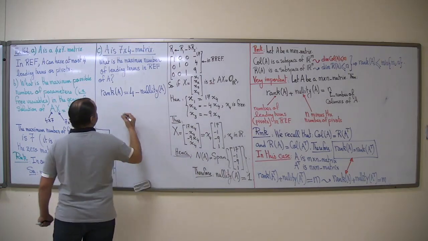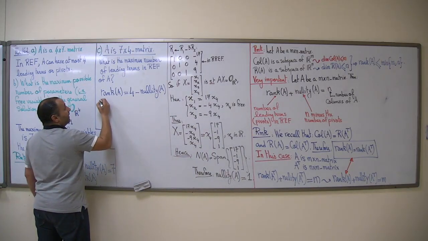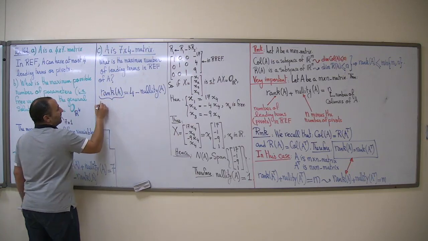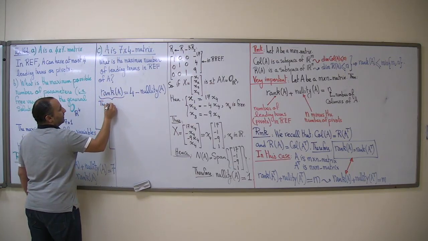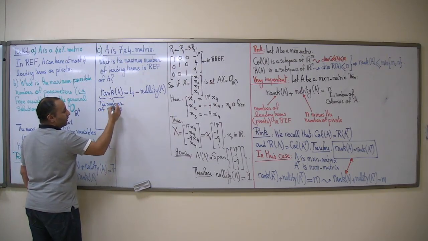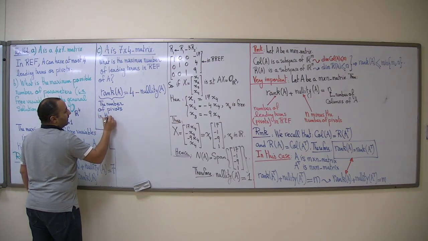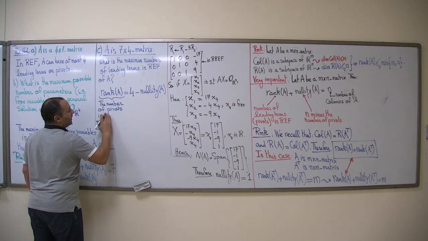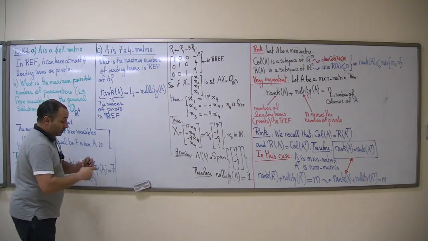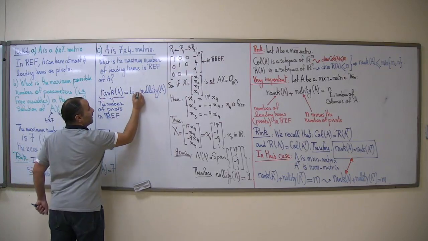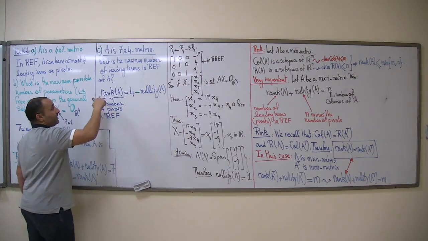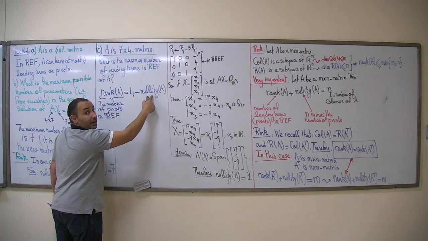Okay, so this is the number of pivots, that means leading terms in REF, the row echelon form. Because of this minus sign, to maximize this, you need to minimize this guy.